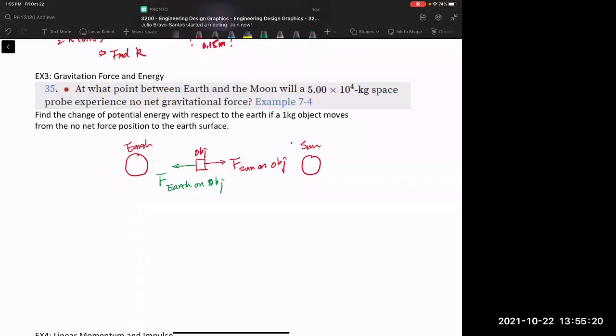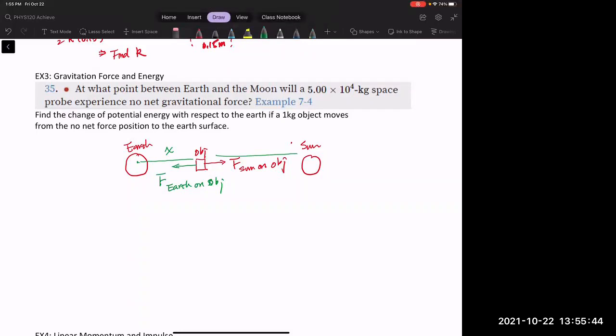It depends on the distance, so you have to find the distance. How do you find the distance? Well, you might need to make an assumption. If you don't know the distance, you just say this is x, and this will be some distance minus x.